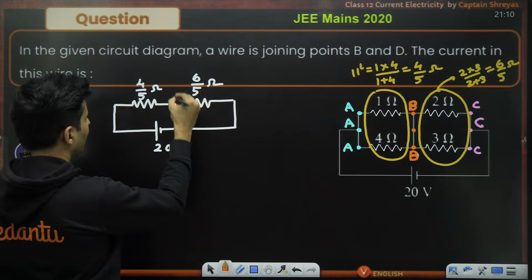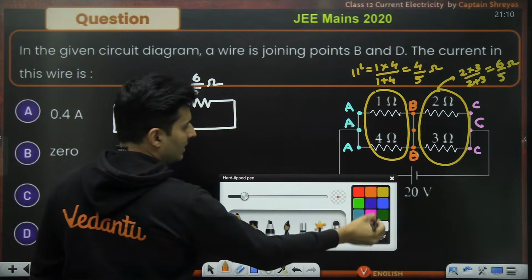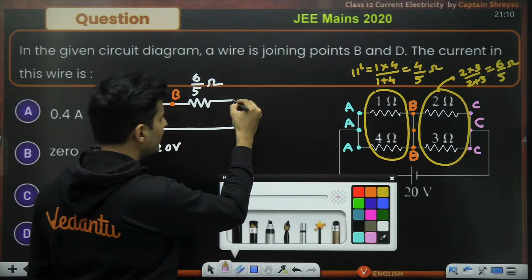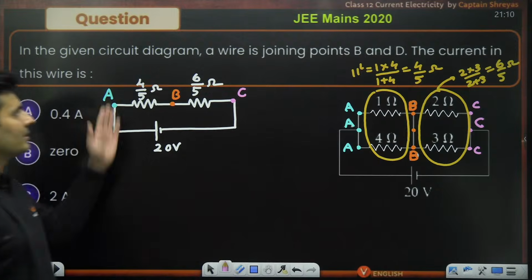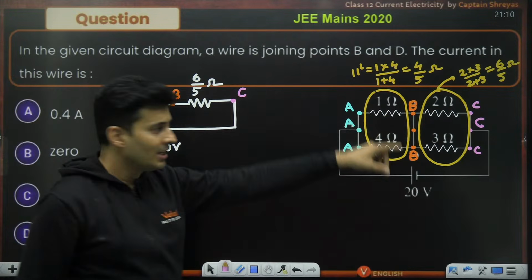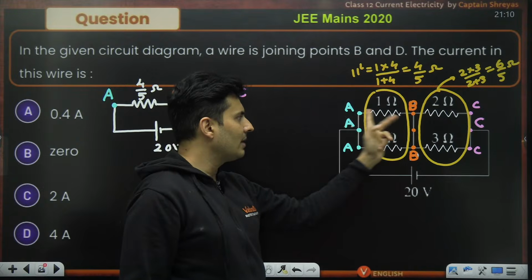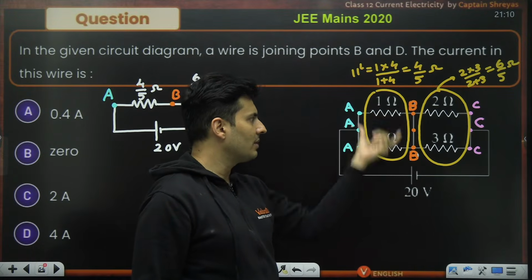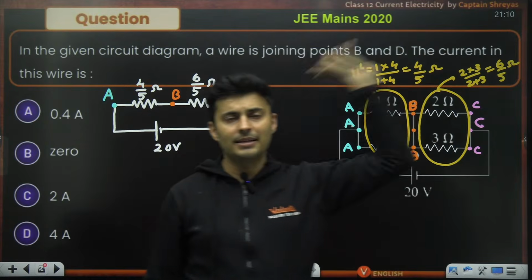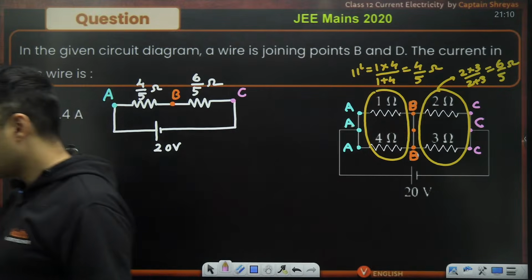This is your point B. This is your point A. And this is your point C. This is what you are going to observe. Correct me if I'm wrong. Yes, everyone. Can you see this and this same voltage differences? Same voltage means parallel. Same voltage difference means parallel circuit. Oh, perfect.